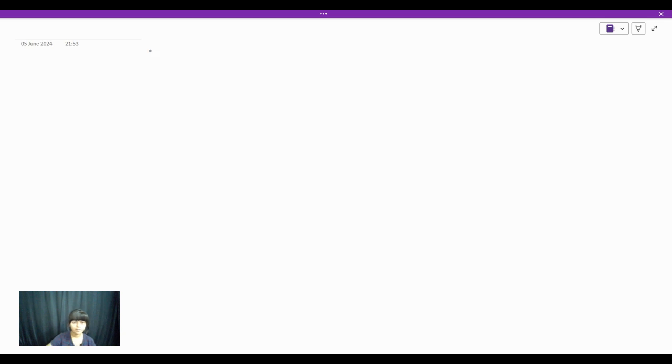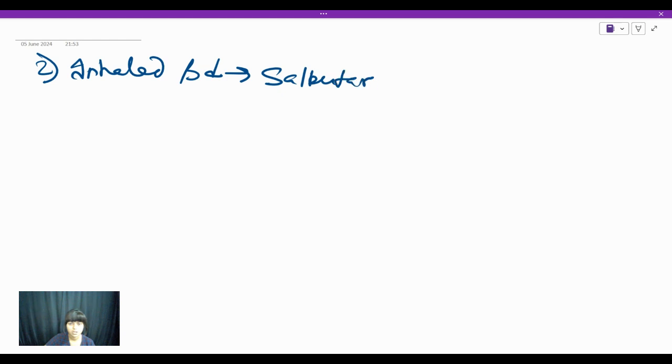After giving oxygen, the next thing is to give an inhaled bronchodilator. And what is that? Salbutamol. This is a SABA, a short acting beta 2 agonist.